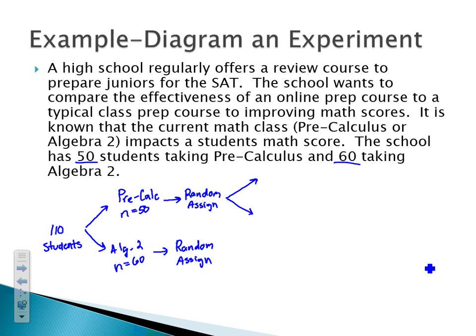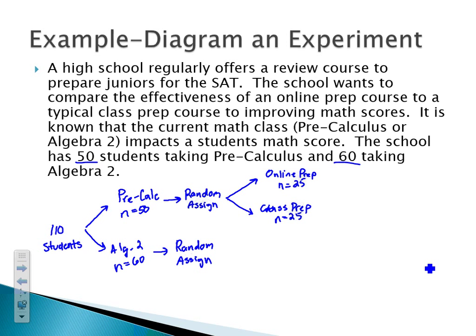Right? One of them is going to have an online prep class, and the other one's going to have a typical class prep class. All right? To show replication, we're going to show that we are evenly dividing these two groups up. So the online prep course gets 25, the in-class prep course gets 25 students.